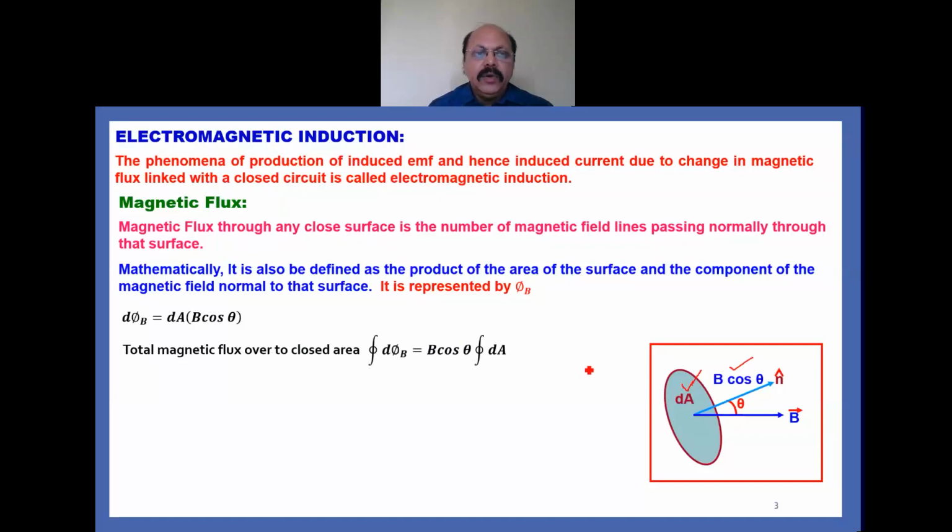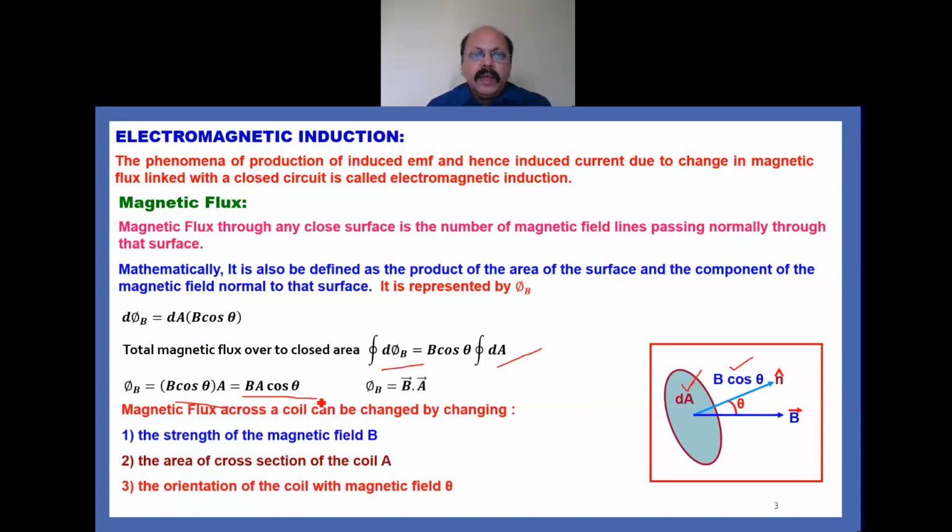We integrate it over the closed area. So integral d phi B equal to B cos theta, taken outside, closed integral dA. Then closed integral dA means total area over the closed surface, that is A. Then it becomes phi B equal to B cos theta A. Rearrange it, then BA cos theta. Then we can write it in vector form, phi B equal to B vector dot A vector.